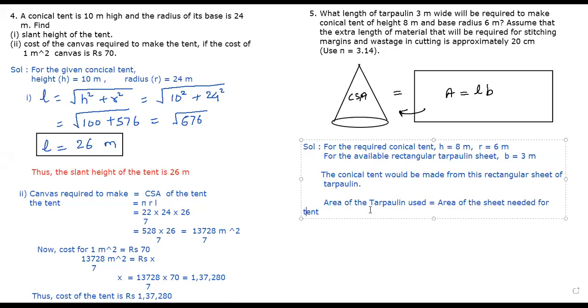Yes or no? Yes. So area of tarpaulin used for conical tent. So let me again change this.